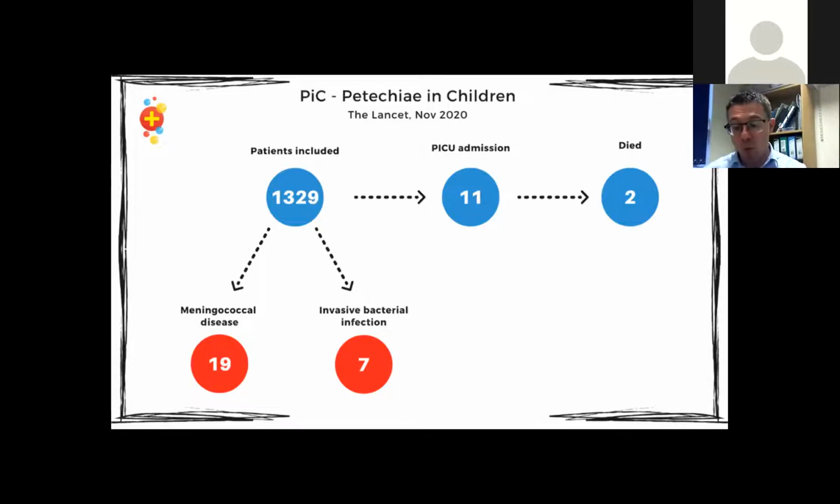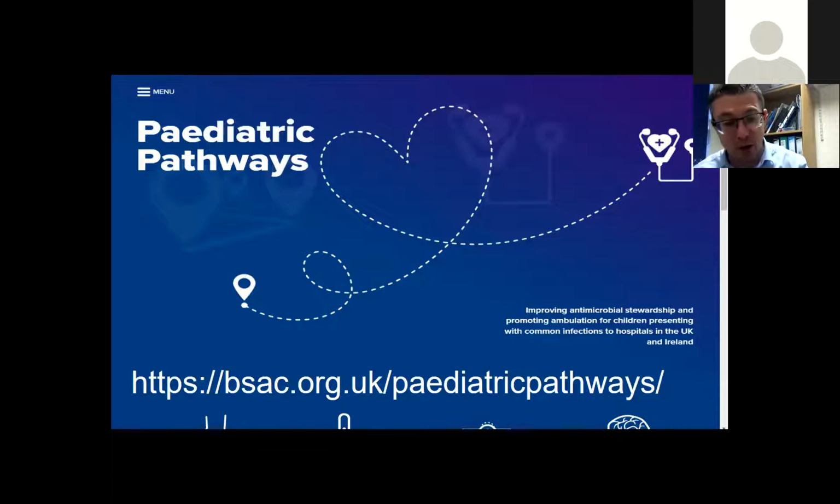And I hope one of the things that I'd really like you to look at is the British Society of Antimicrobial Chemotherapy Paediatric Pathways website, because there's a whole selection, including PIC and management of the febrile infant, that have gone into these pathways and are hopefully going to start challenging NICE about some of the, I suppose, more formulaic approaches that if you've got this, you have to do this.